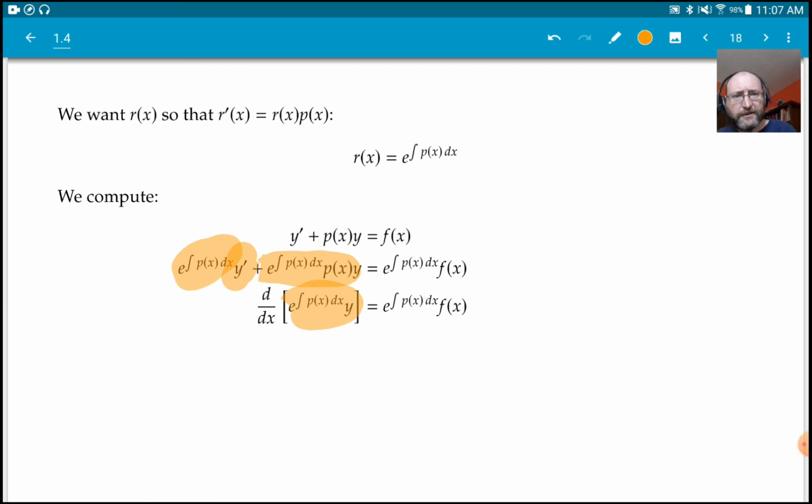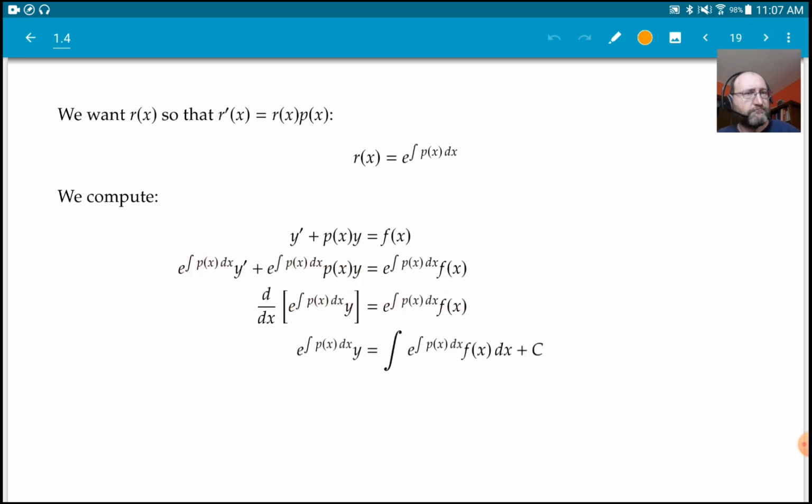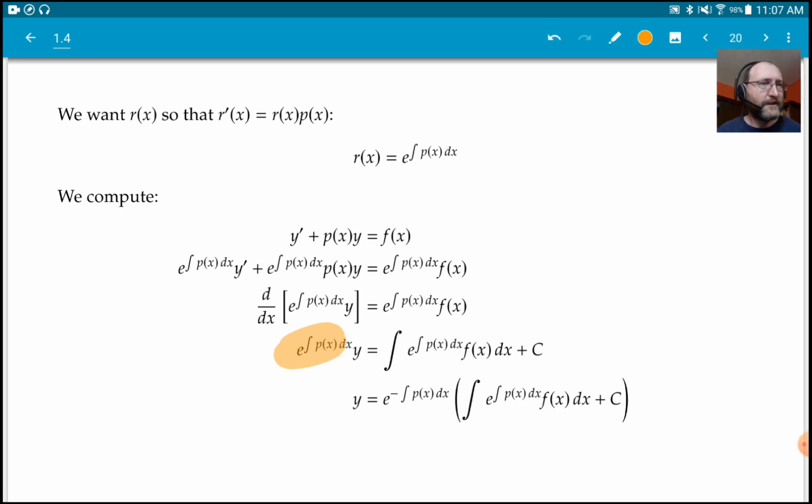So that works. And then the right-hand side, I haven't done anything here. So we anti-differentiate, we get this formula over here, and now we just solve for y. We're dividing by an exponential, so that's just multiplying by the exponential with a negative inside. That's the law of exponentials.